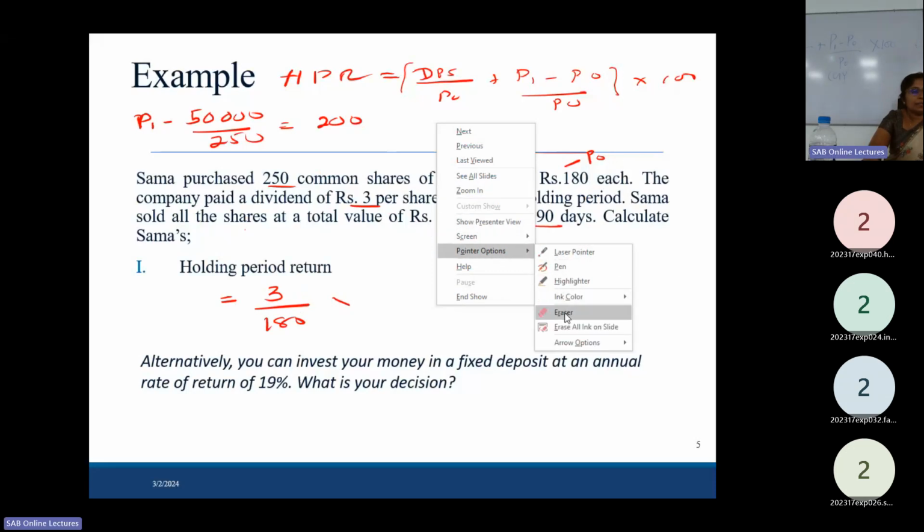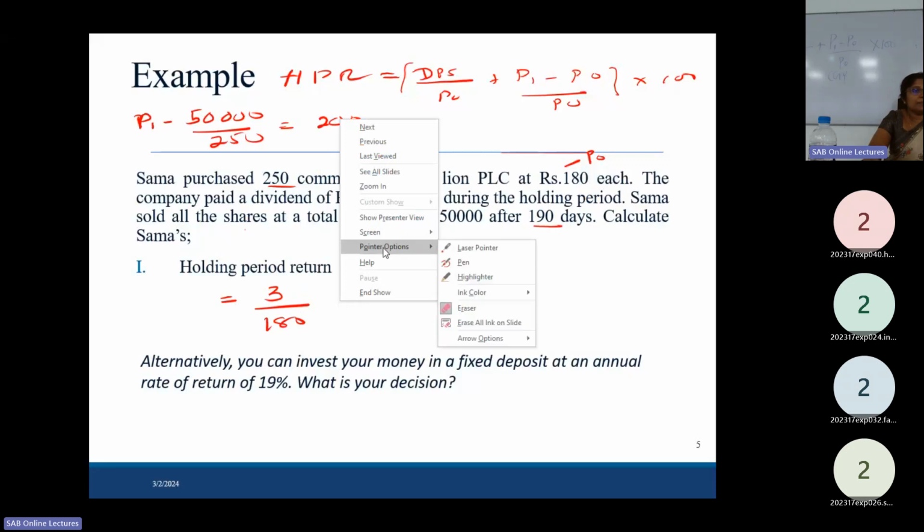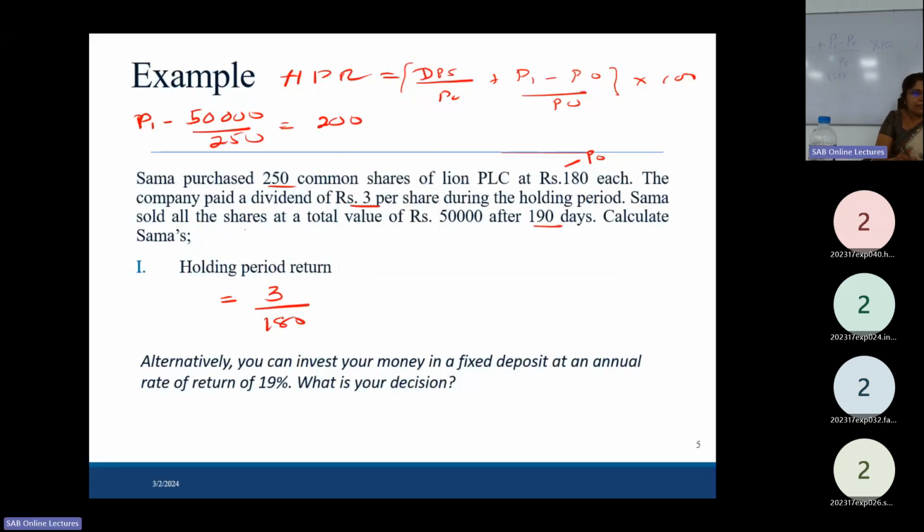There is a capital gain, because initially you invested at 180, and at the end of the holding days you are selling these shares at 200 each. So the capital gain yield is P1 minus 180, divided by 180, times 100.